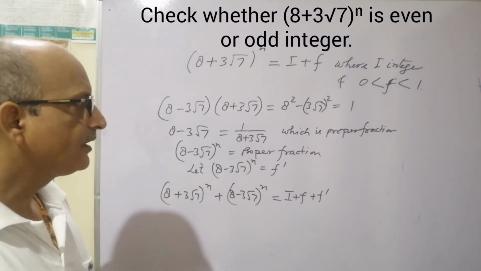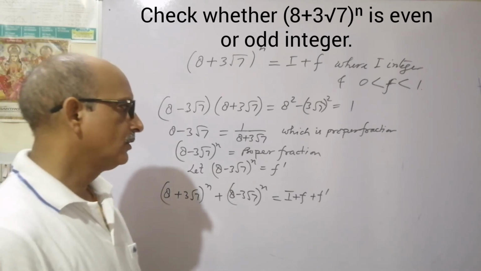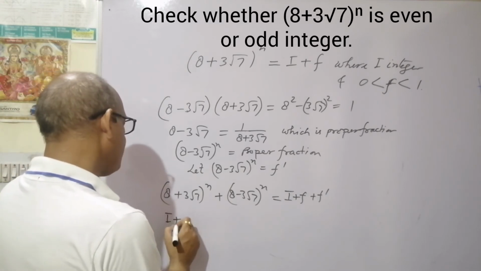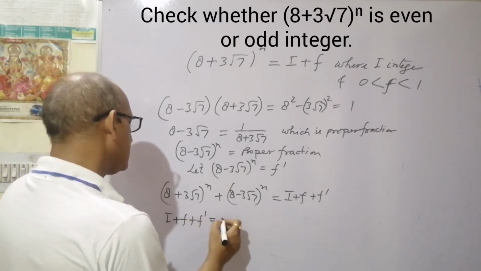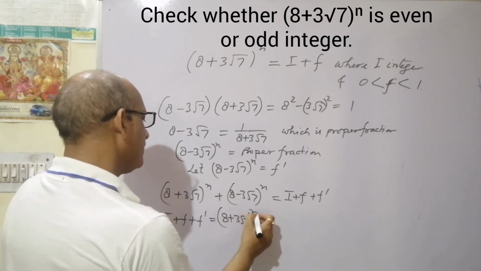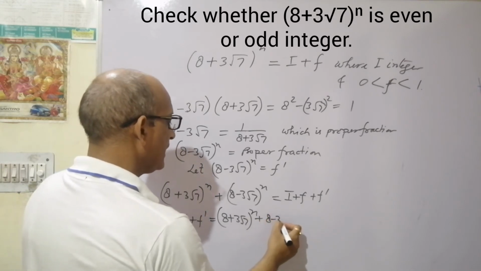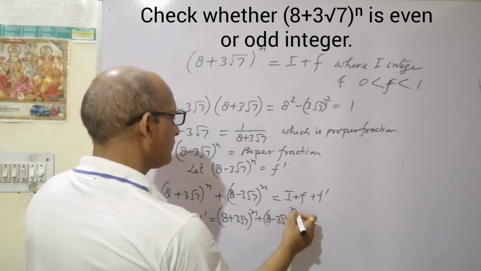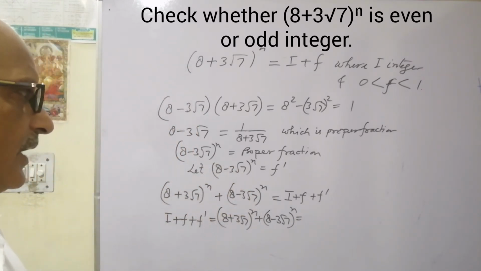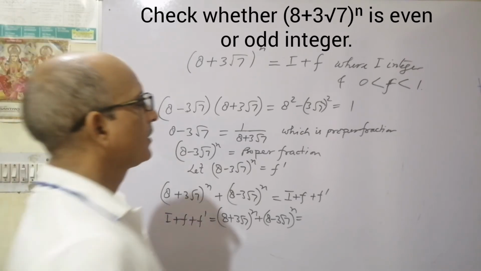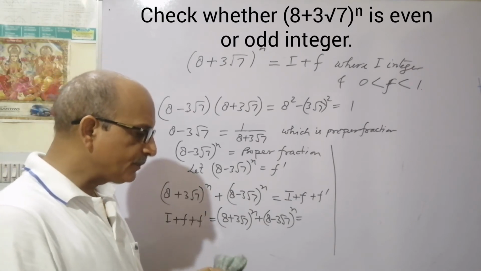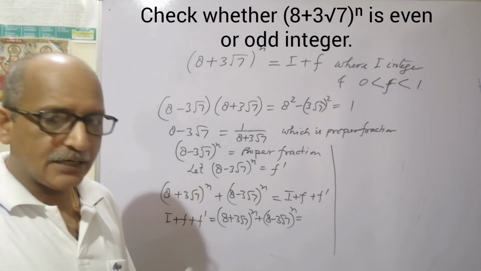Now one more thing I would like to talk to you about. We can understand it: I plus f dash is equal to (8 plus 3 under root 7) to the power n plus (8 minus 3 under root 7) to the power n. Now one more property needs to be explained, that is (x plus a) to the power n and (x minus a) to the power n.